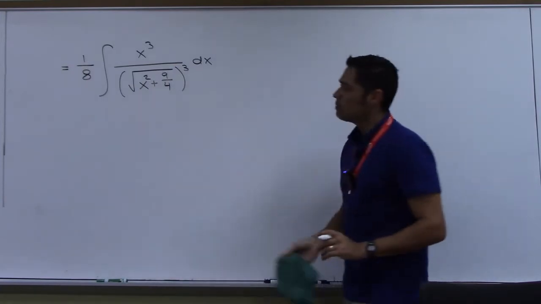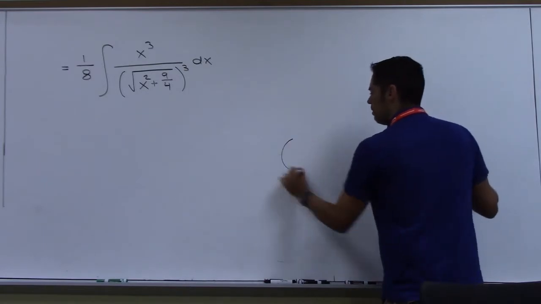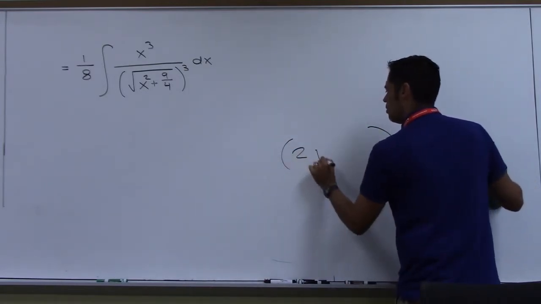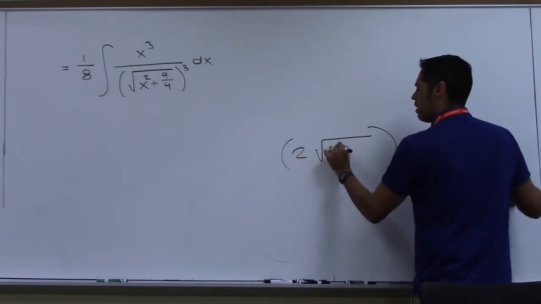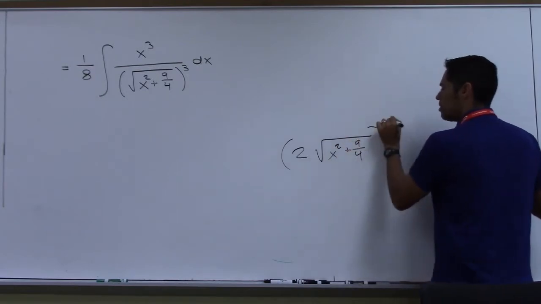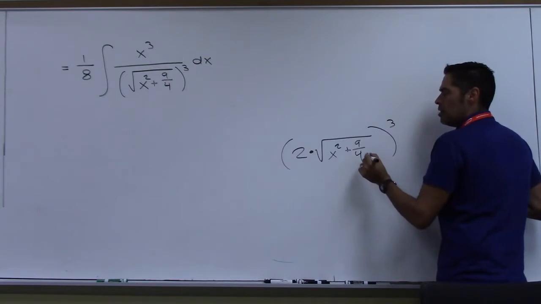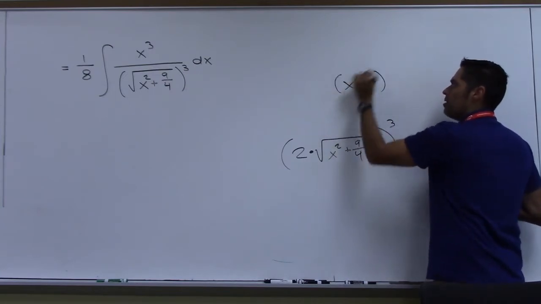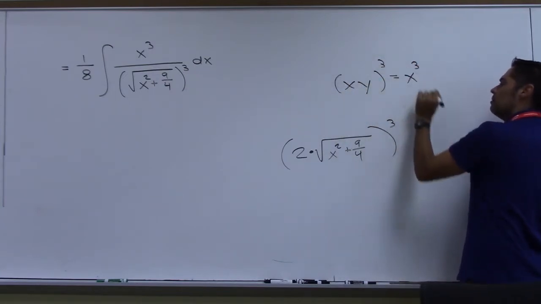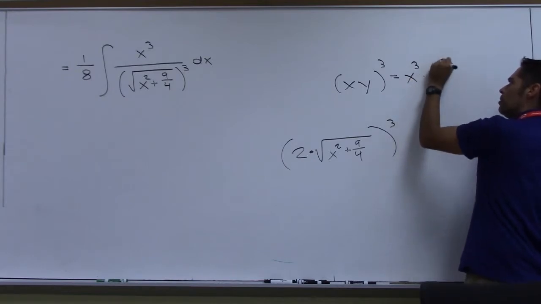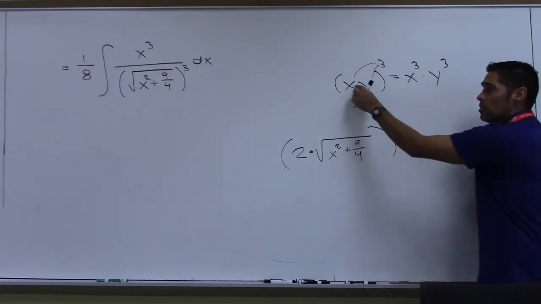Where did you get the 1/8? Okay, on the bottom I had 2 root x squared plus 9/4, and that was all being cubed. Because this is multiplication, when you have xy to the 3rd power, that's x cubed times y cubed. You can apply the cube to each one if it's multiplication.